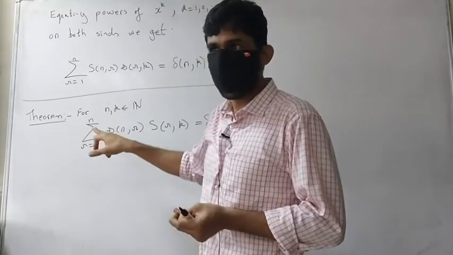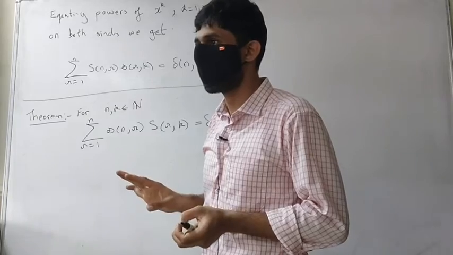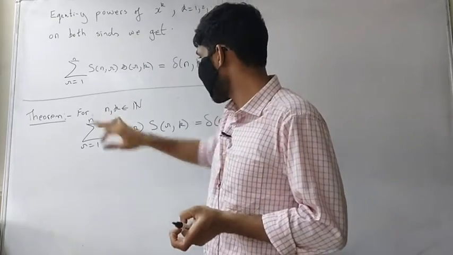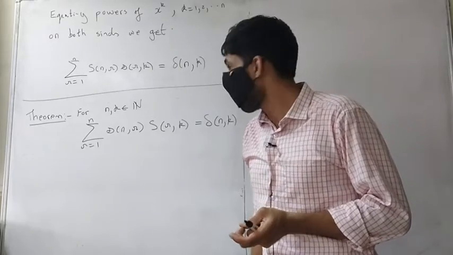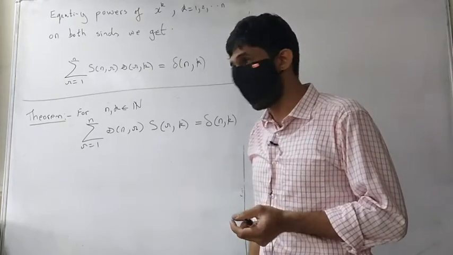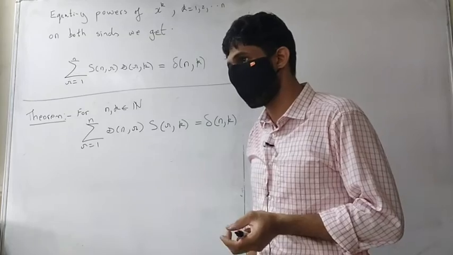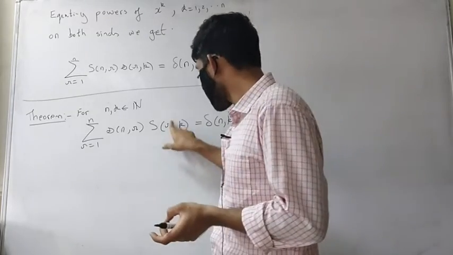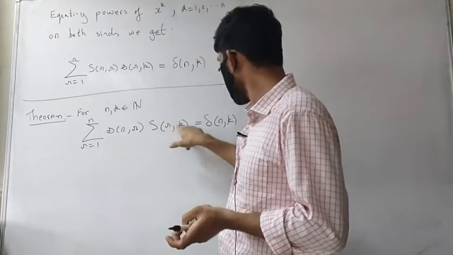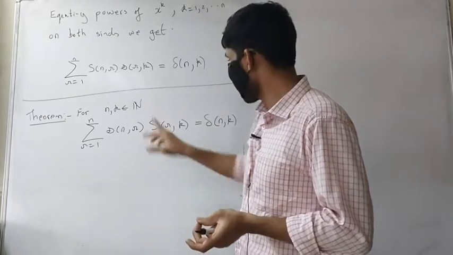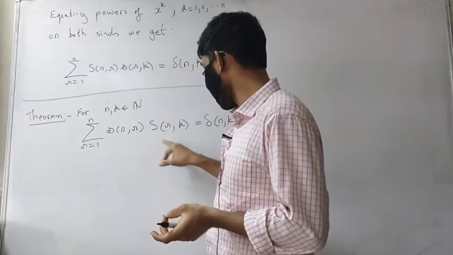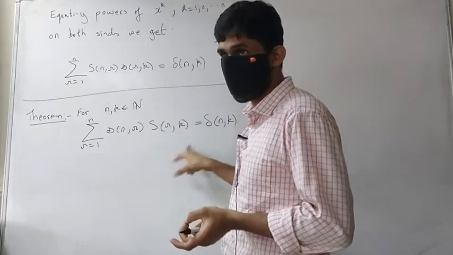If k is greater than n, there is absolutely nothing to prove. Why? Because these r's will be strictly less than k, so this will always be 0.